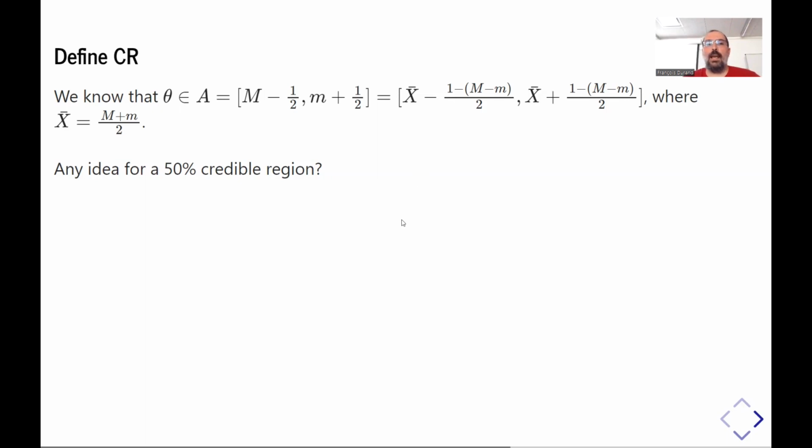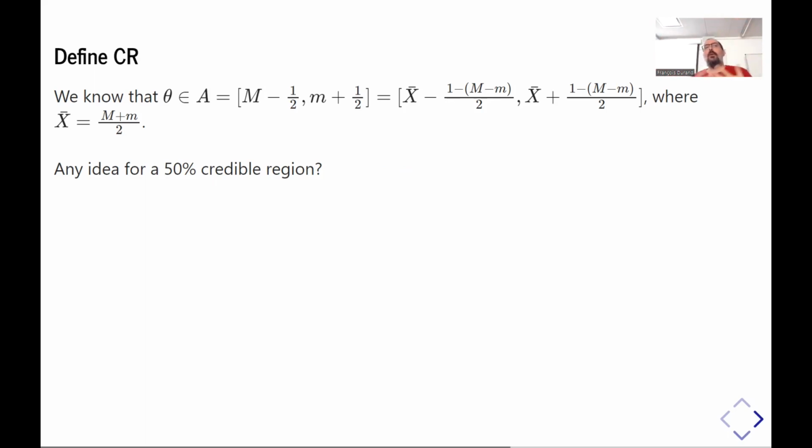Would you have any idea for a 50% credible region? Should be the prior first. Yes, excellent question. So let's say, and I will take big quotes here, that the prior is a uniform probability on big R. Sorry, big R. That's why I take the quotes.